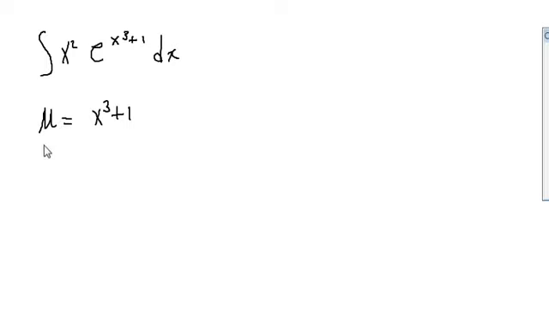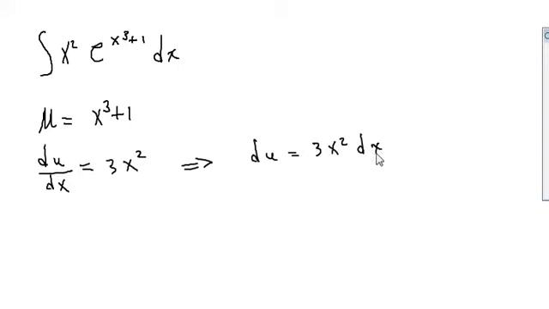So du dx is equal to 3x squared. Now I multiply both sides by dx, so du is equal to 3x squared dx.